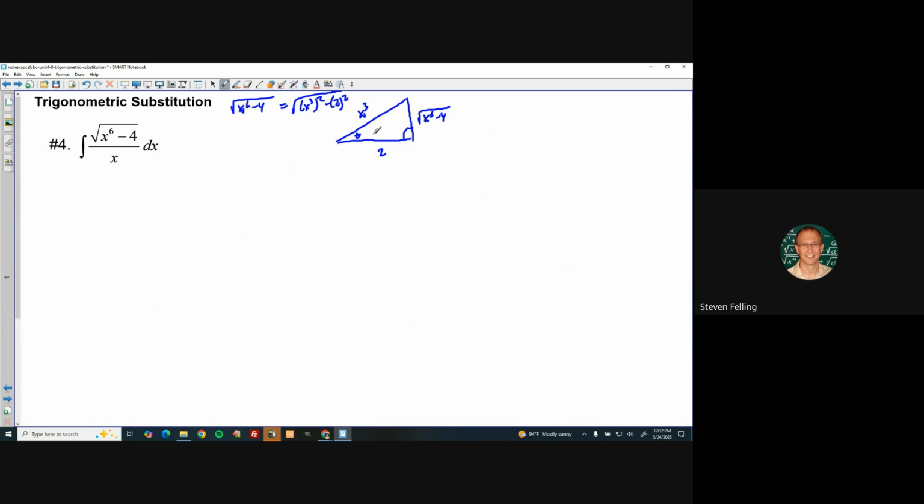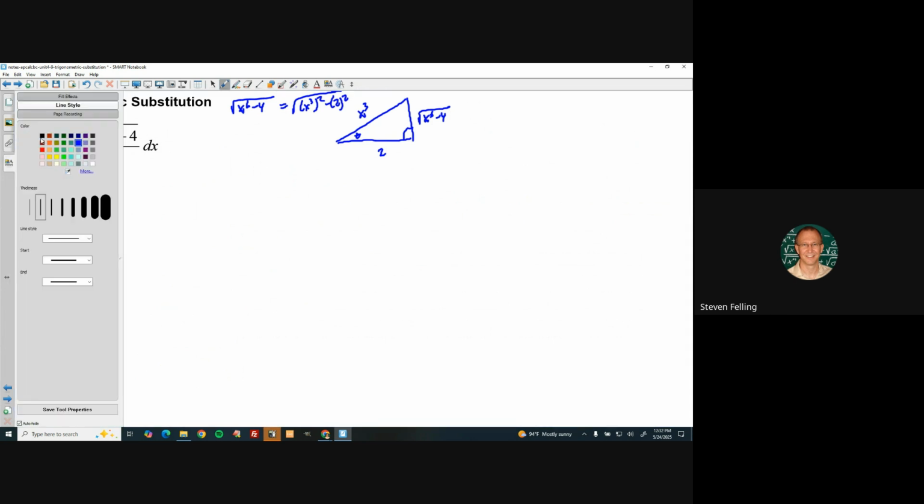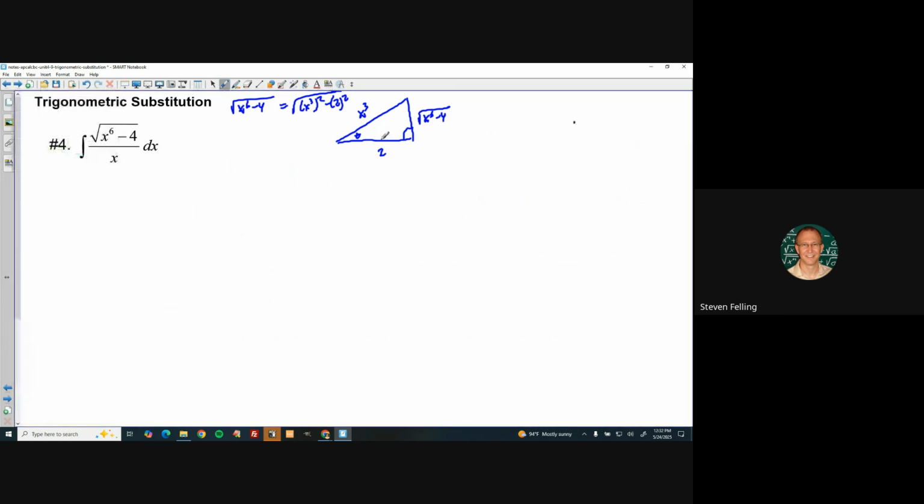Okay, we always pair up the constant with each side. So the simplest pairing here is adjacent and hypotenuse. So that's going to be cosine of the angle is the adjacent over the hypotenuse, which means that x cubed is equal to 2 over cosine, or 2 secant, right?